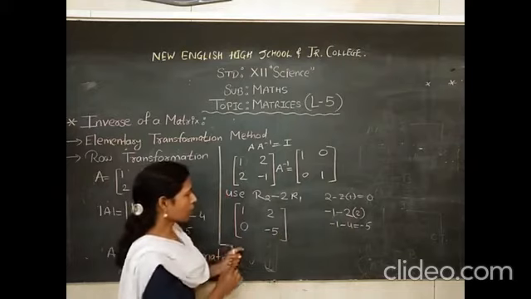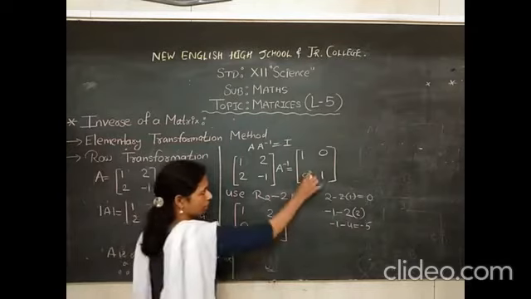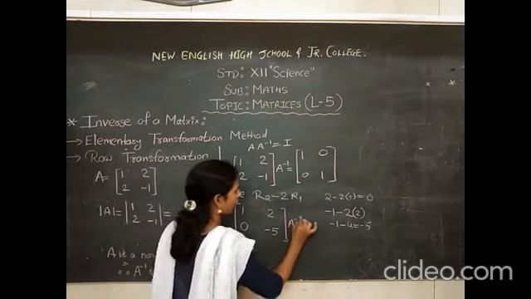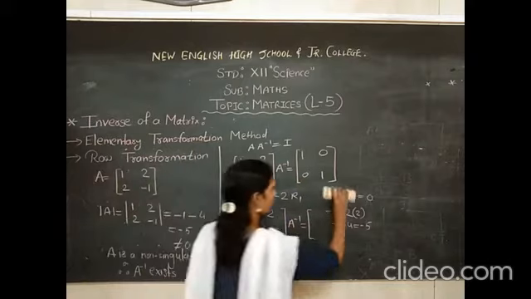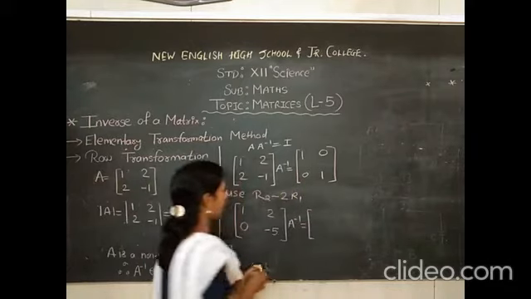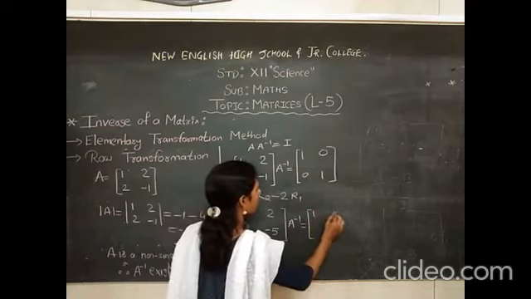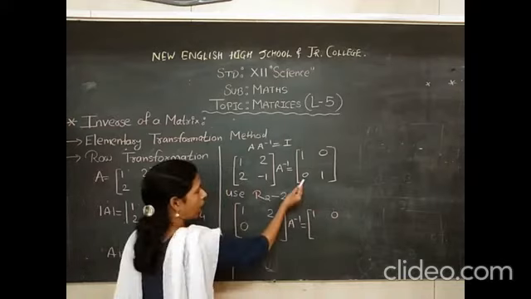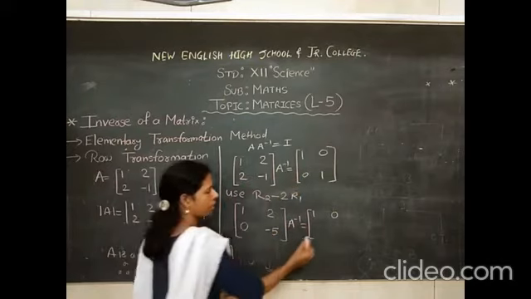Now, the same row transformation we will apply on this identity matrix. This into A inverse equals to. Now, what answer will you get here? R1 will remain as it is, no change in R1, 1, 0. R2, 0 minus 2 times 1, that is minus 2.